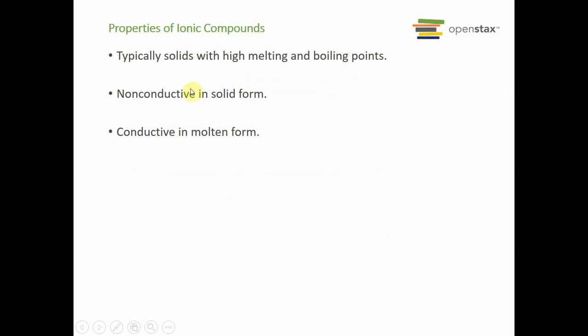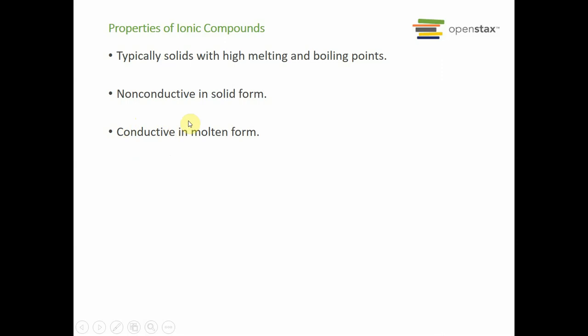Properties of ionic compounds. Typically solids with high melting points and boiling points, non-conductive in the solid form, but they could be conductive in the molten form. I take aback a little bit the idea here of electrically conductive, and that's what it means, electrically conductive.